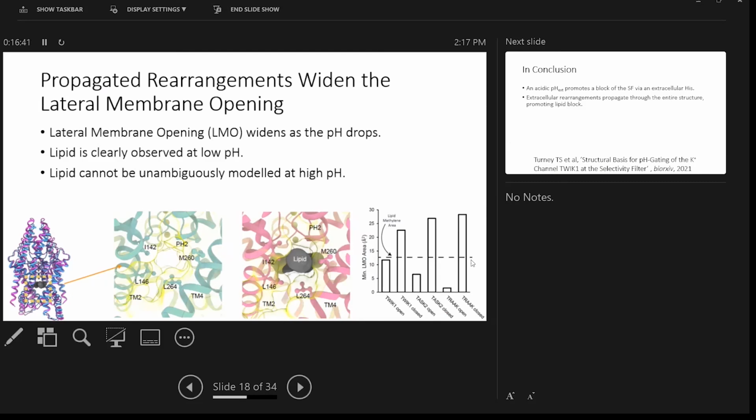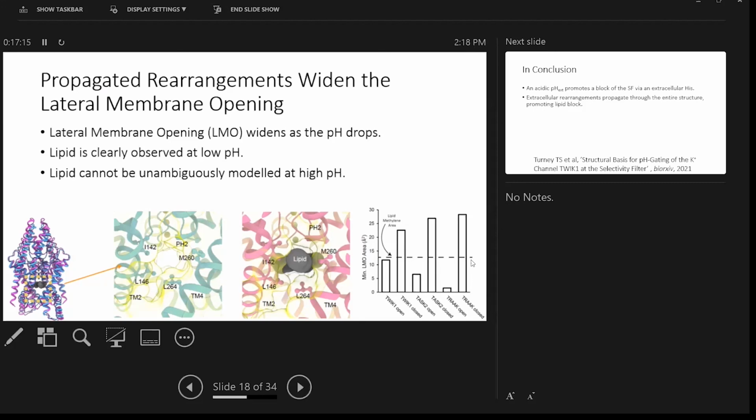And this is something that's present in all K2Ps, and for most of the other K2Ps that we've characterized, at least for the 2 instances where we do have structures of the K2P in the open and closed conformations, this lateral membrane opening is completely shut whenever the channel is open, and there is no instance of the lipid being able to access it. And then whenever you have the channel in a closed state, this promotes the opening of the lateral membrane cavity, so that way this lipid can come underneath and block the channel.